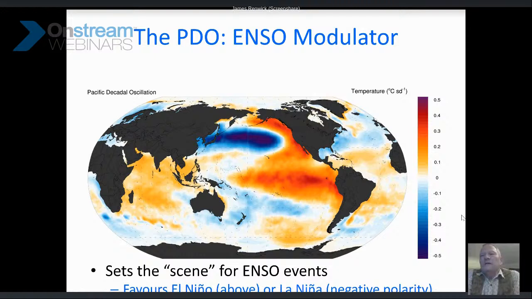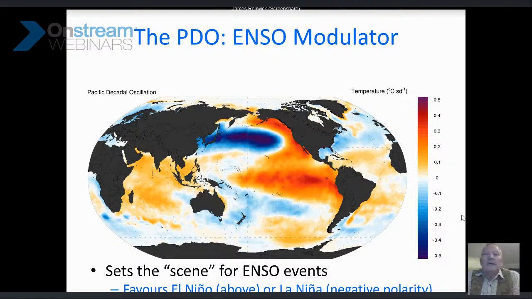So this map here is a map of sea temperature difference from normal, averaged over 20 years or so. What we see for a 20 or 30 year period is relative warming of the sea over the eastern Pacific, centered on the equator.